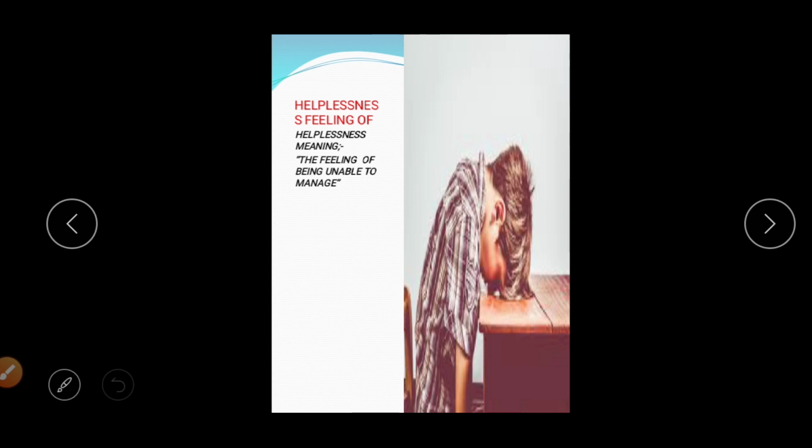There was no help to get back her health. So she felt helpless, she was in a helpless state. So I have taken the rubric helplessness, feeling of. Because of vexation with all treatments, though she met many doctors, no one cured her. So I have taken this rubric.